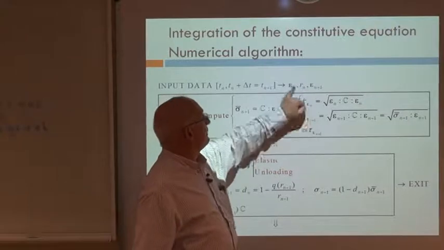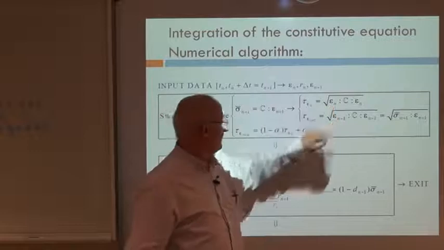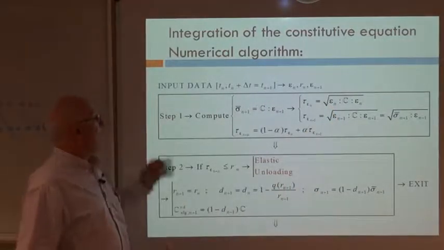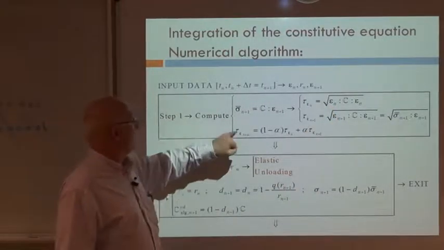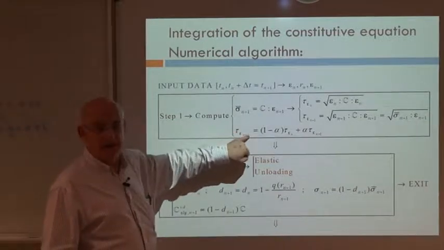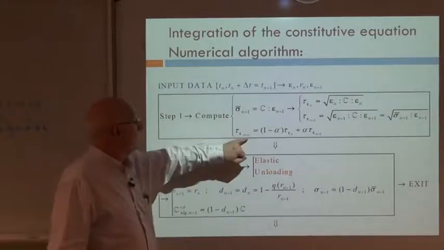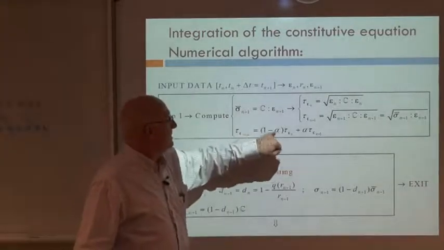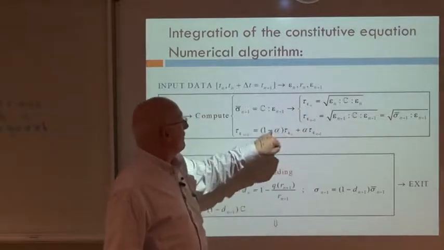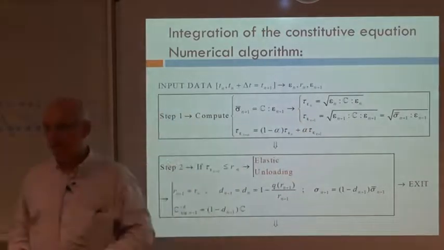Then I can compute tau, the norm of the strains at the point n plus alpha that I'm using for my alpha integration method. Depending on alpha, I multiply that by 1 minus alpha and that by alpha, and I obtain it. That's the first step: preliminary data.